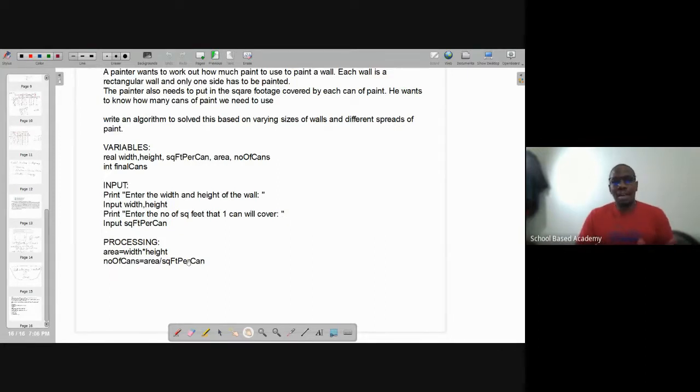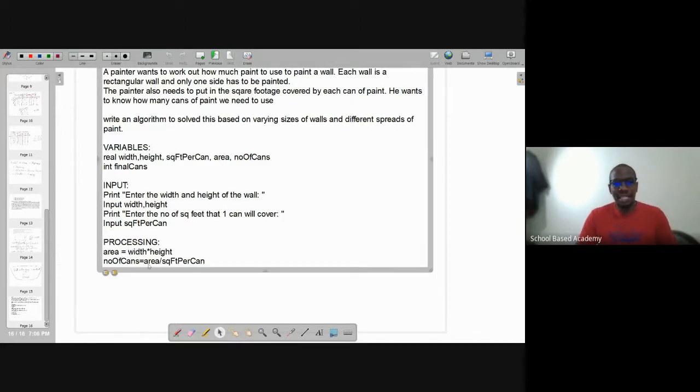So we have processing: area is equal to the width multiplied by the height, and the number of cans is equal to the area divided by the square foot per can. I put a little space between here to make this easier to read.